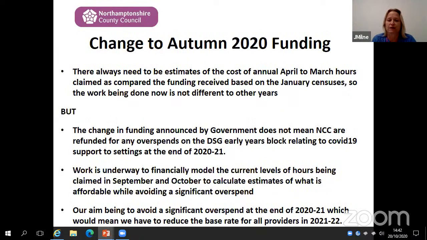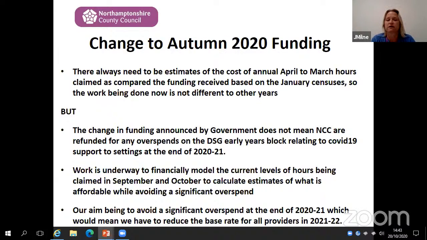What we don't want to do is get an overspend, because the DfE is expecting the autumn 20 to be lower than the January census, and therefore we should be getting exactly the right amount of funding.